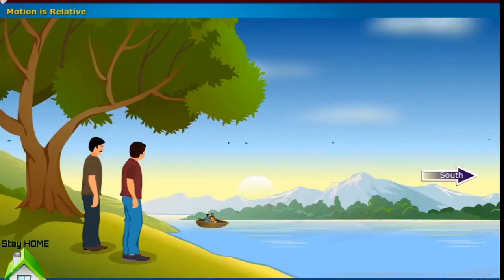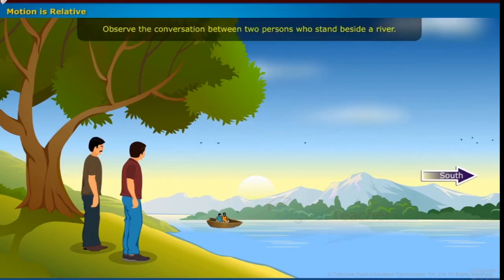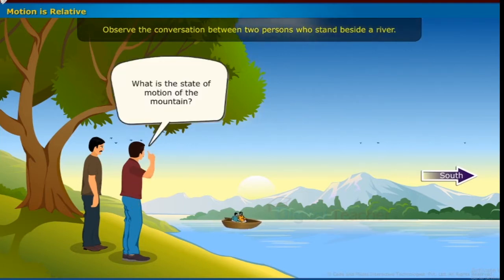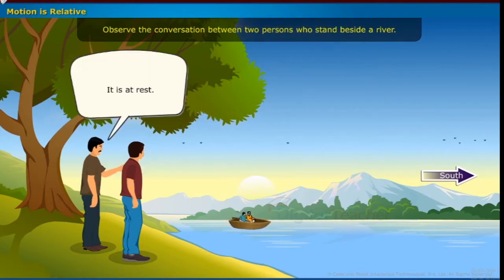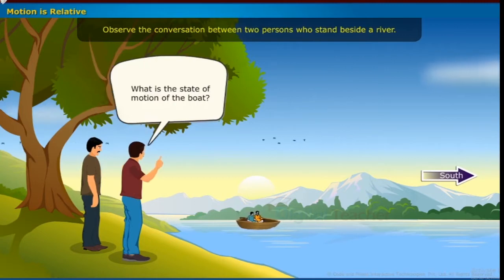To understand the idea of motion, let us take the following hypothetical activity. Observe the conversation between 2 persons who stand beside a river. What is the state of motion of the mountain? It is at rest. What is the state of motion of the boat?